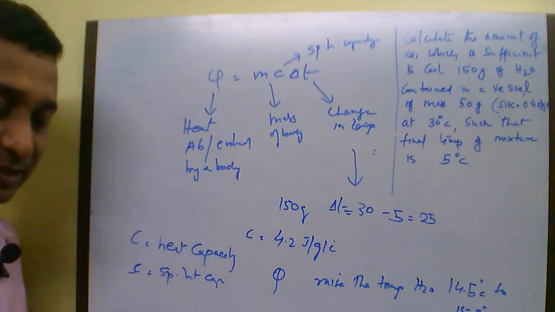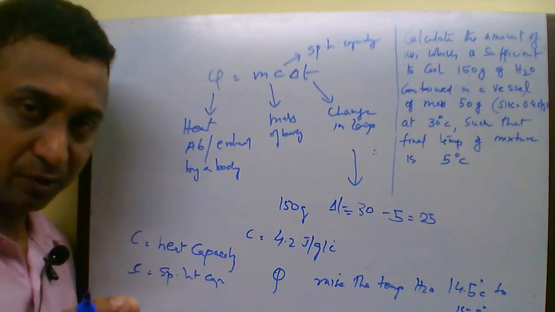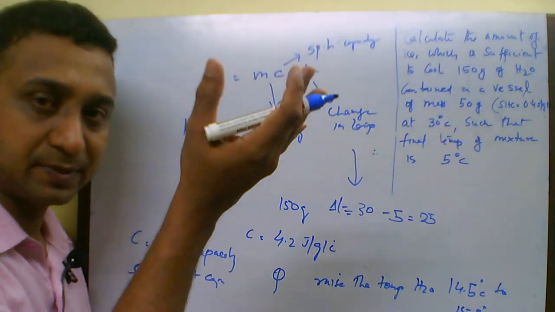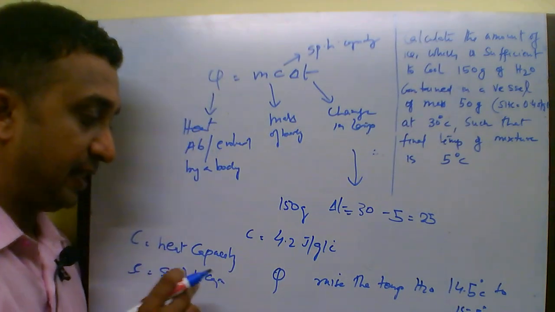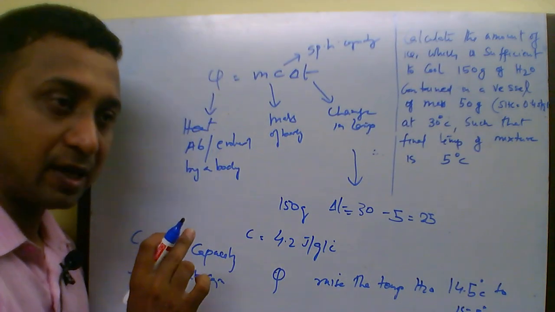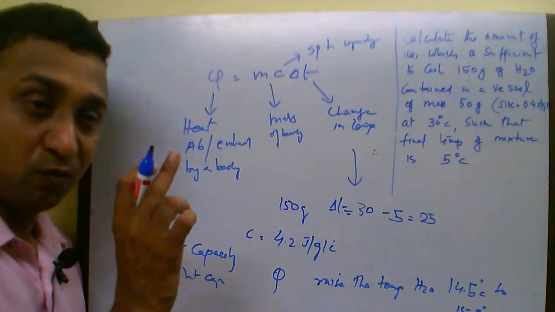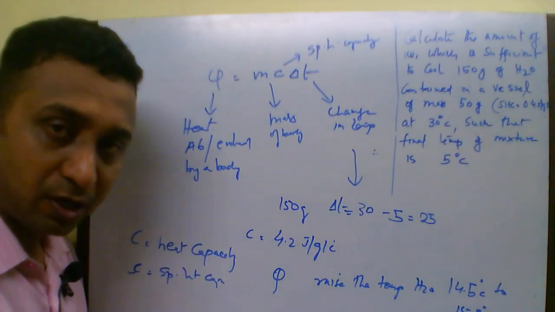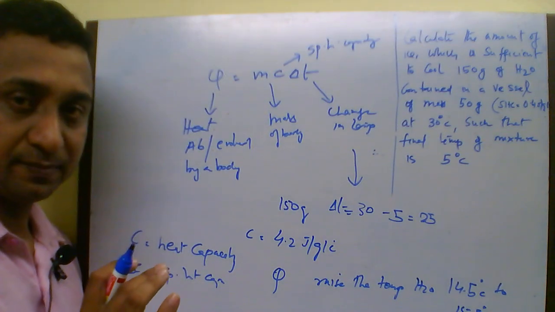That is the only difference. So heat capacity is the amount of heat required to raise the given mass of substance through 1 degree Celsius. Specific heat capacity is the amount of heat required to raise 1 gram or 1 kilo or unit mass of the substance through 1 degree Celsius.